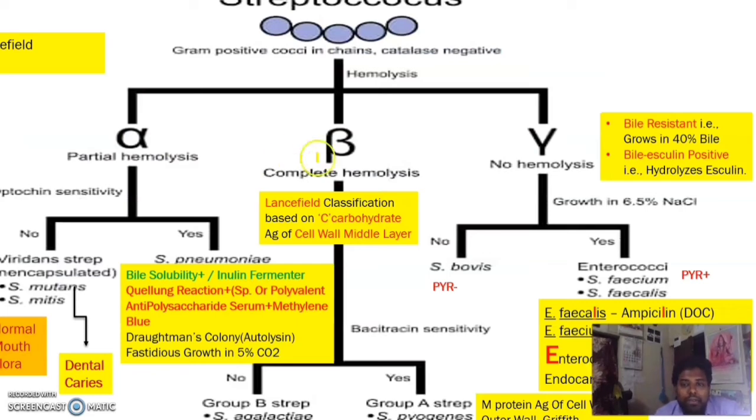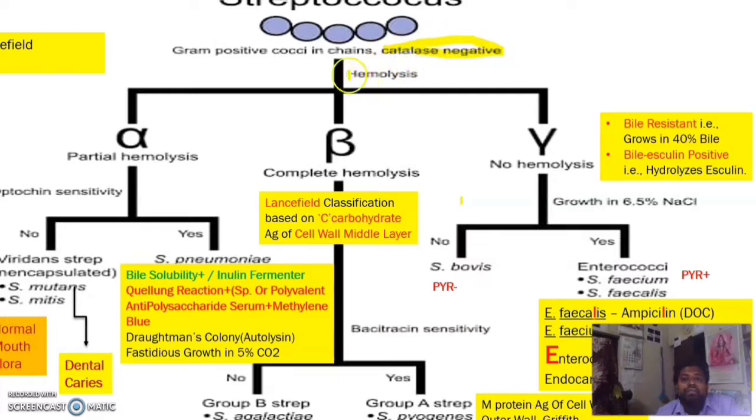Now this is the important picture, where we will see the classification of Streptococcus. Streptococci are gram-positive cocci in chains. These are catalase negative; we know this.